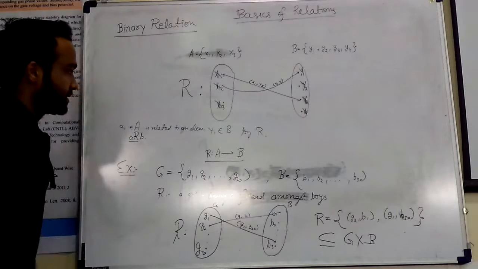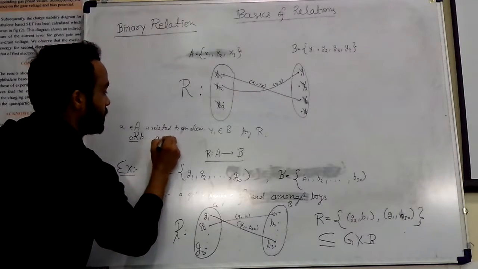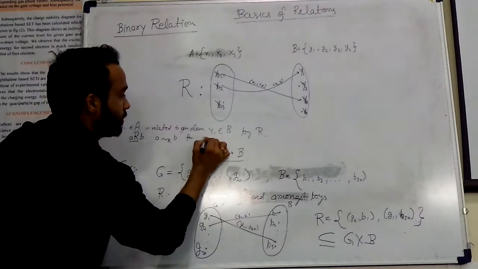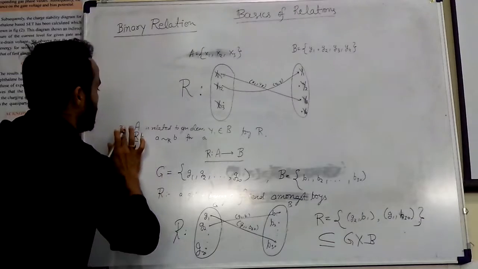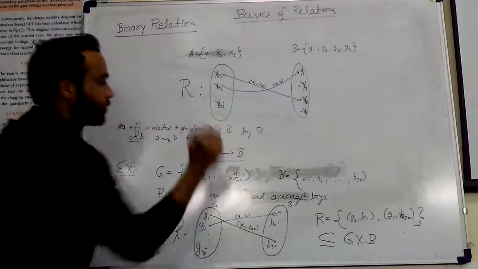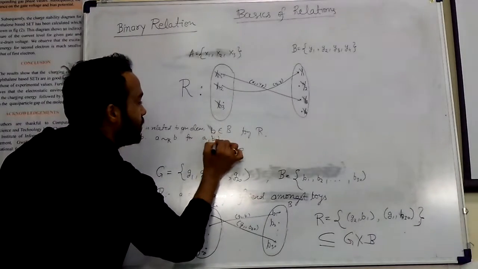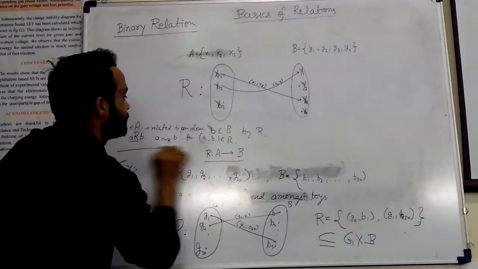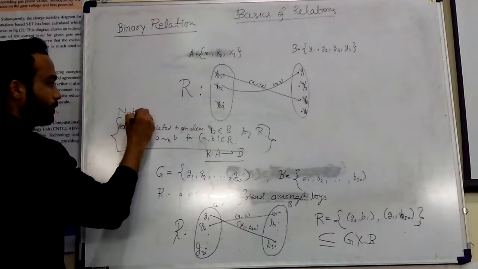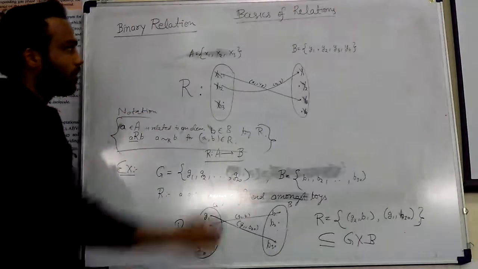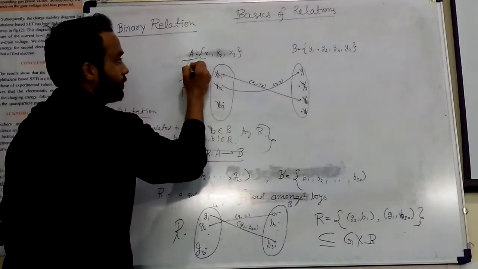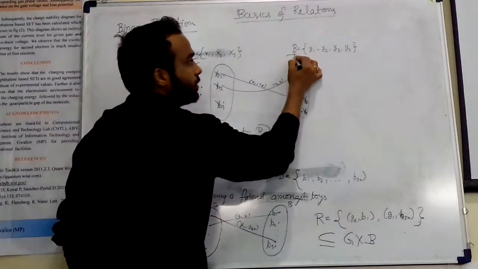It can be denoted like this, or a R b, if a belongs to A and b belongs to B, for (a, b) belonging to R. That is the notation. We call A the domain and B the codomain.